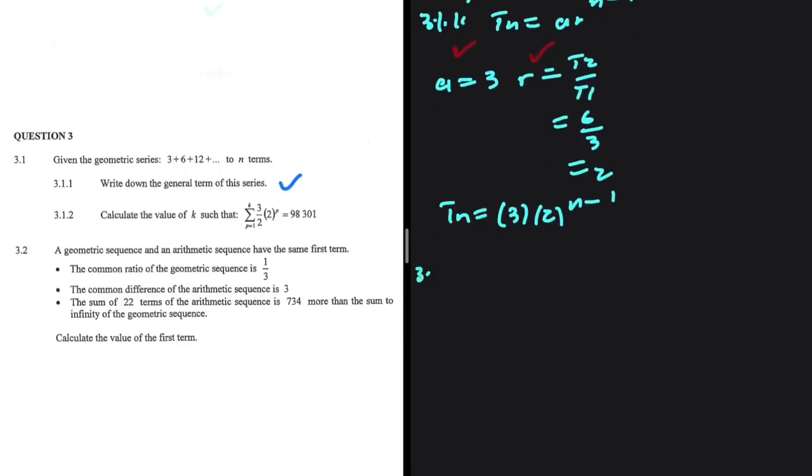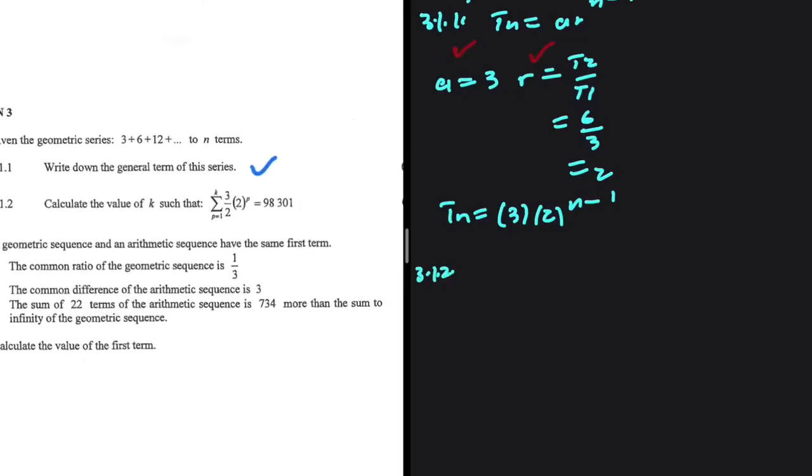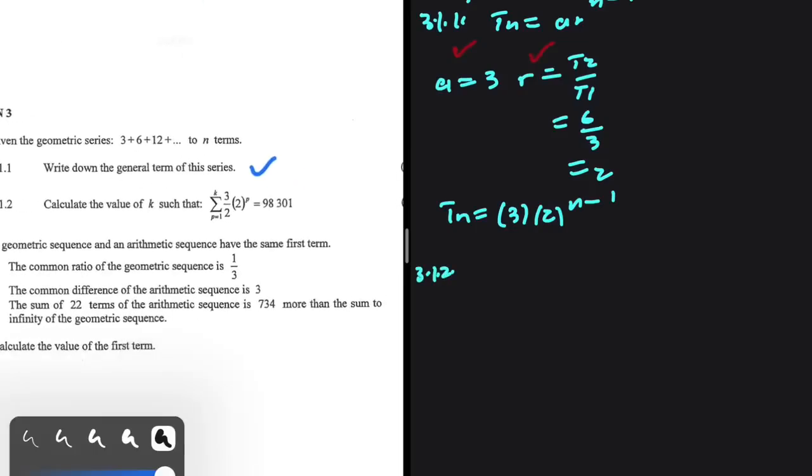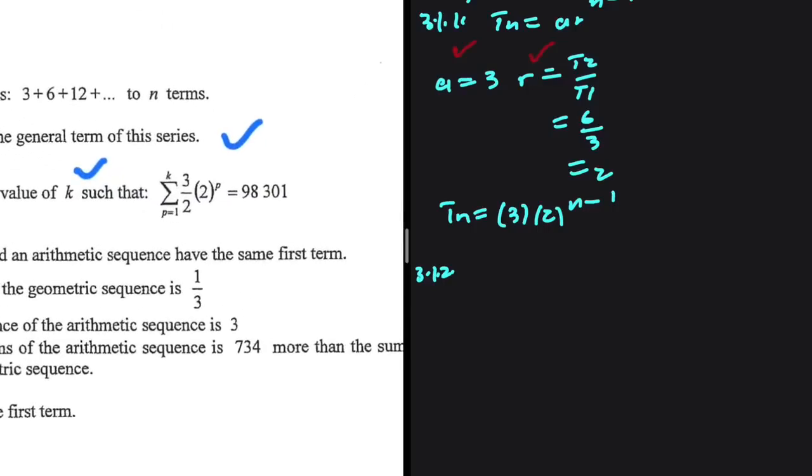Let's move to 3.1.2. So in 3.1.2, we're supposed to calculate the value of k such that this sum is equals to 98,301. Okay, let's go ahead and find the terms of our series. So the first term, T1, will be equals to 3 divided by 2, 2 to the power p.